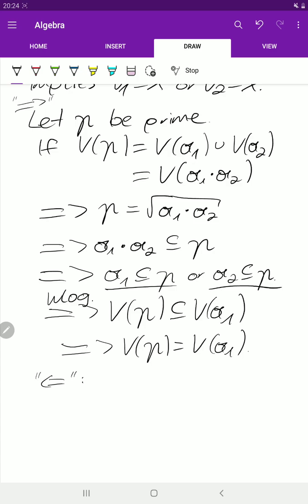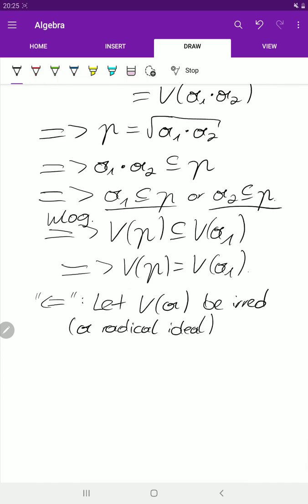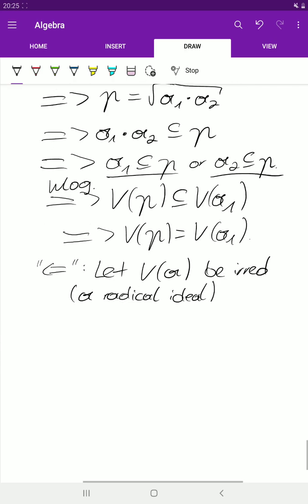So let's take a closed irreducible subset. So let V of A be irreducible, with A a radical ideal, and we want to prove that A is indeed a prime ideal.